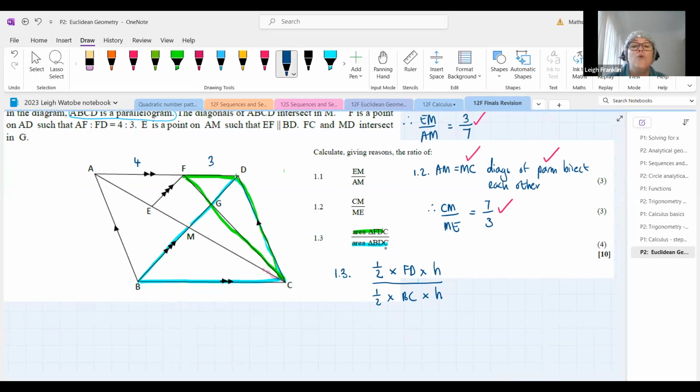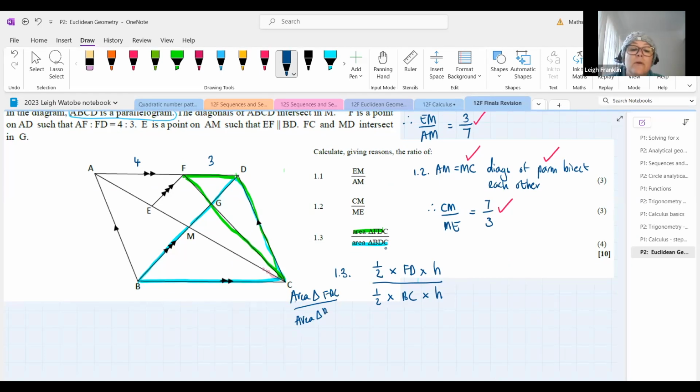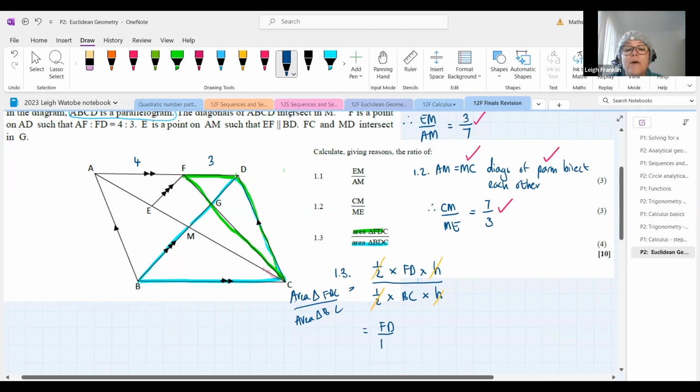Okay, now we can eliminate. So, sorry, I should have written here, this is area of triangle FDC over area of triangle BDC is equal to, and now we can say anything divided by itself is 1, anything divided by itself is 1. So that leaves us with FD over BC.